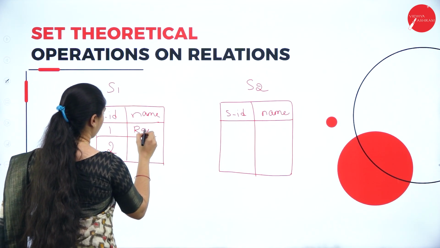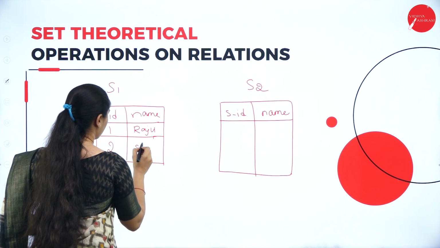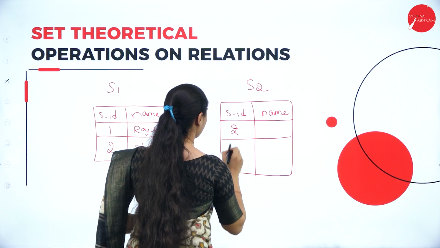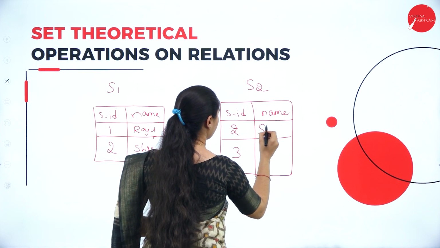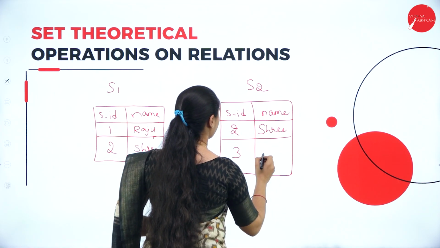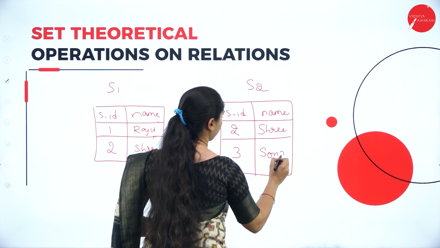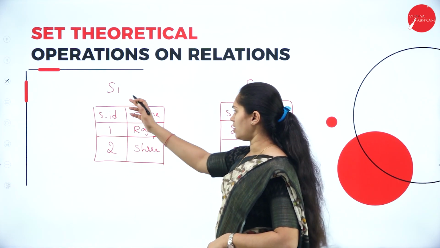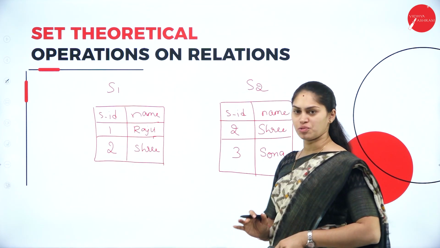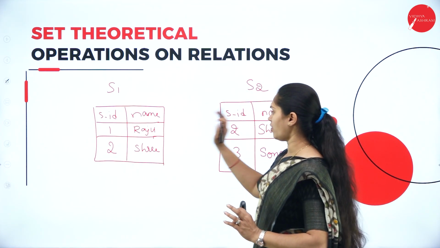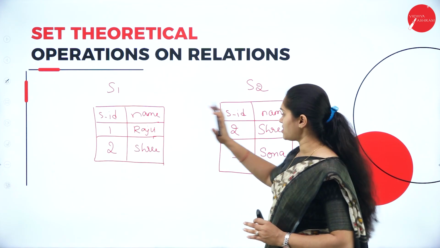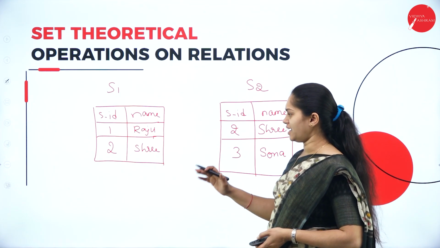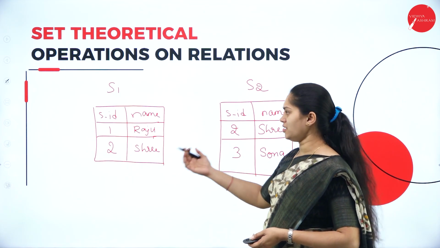Let me consider Raju and Shri. Here 2, 3. So these are the contents which we have in table 1 called S1 and table 2 called S2. Just understand, we have 2 columns in both the tables and the domains are the same. These are the rules we have to follow. We'll see the resultant for each of the set operations one by one.